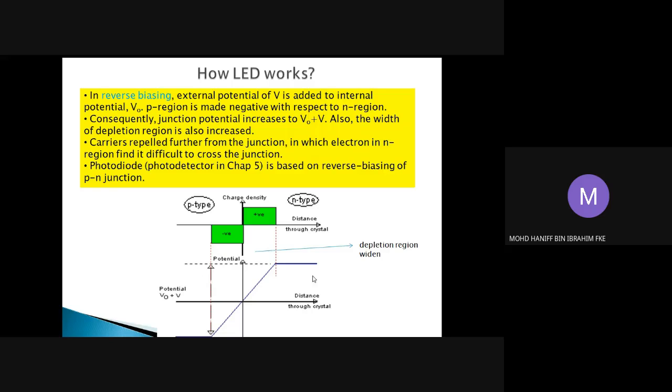When the LED is reverse biased, at a certain level the LED will be destroyed. The LED must be forward biased to work, but if we apply a reverse bias to it, we will demolish the LED.